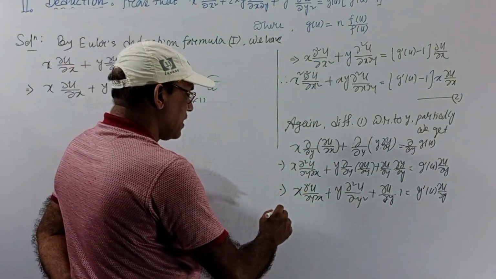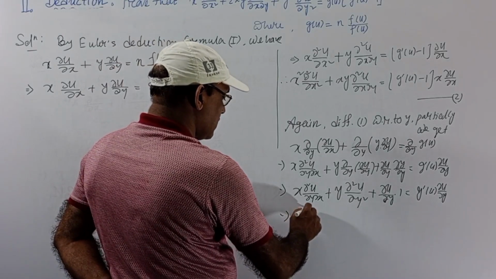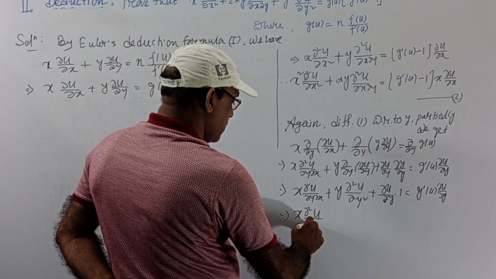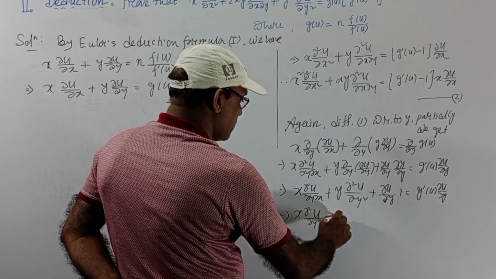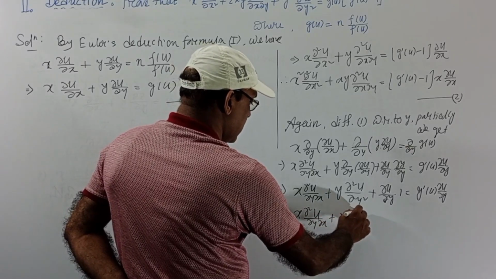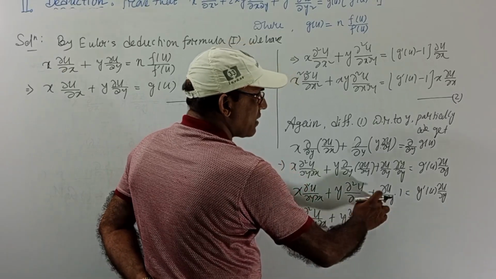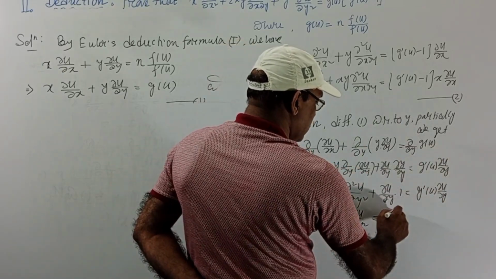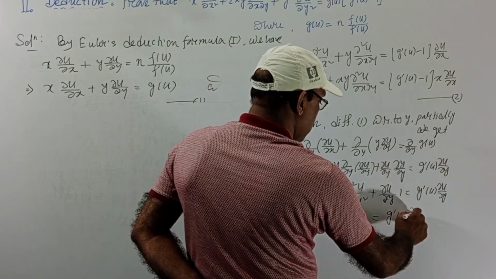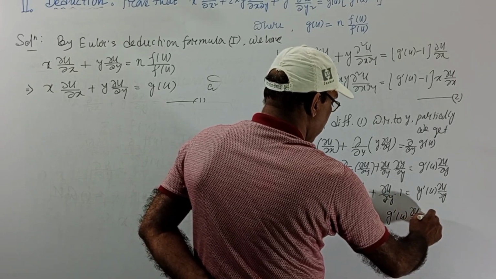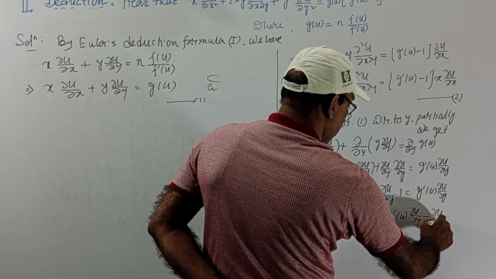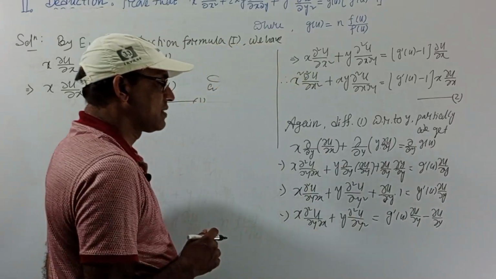So this implies x del square u by del y del x, y del square u by del y square, and this one taking on the right hand side, g dash u del u by del y minus del u by del y, taking to the right hand side we get minus.